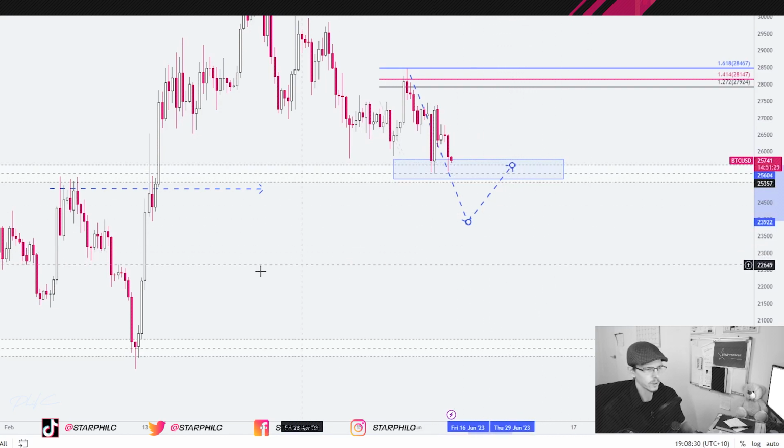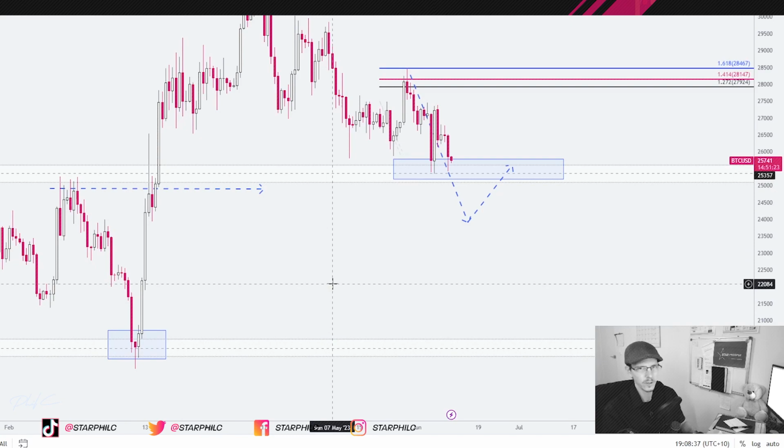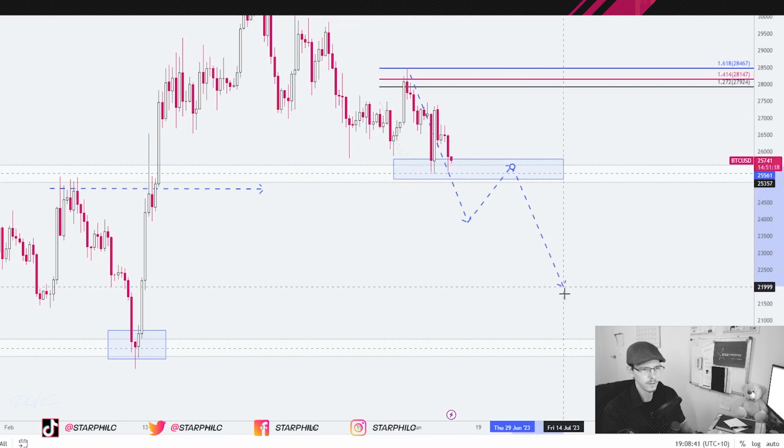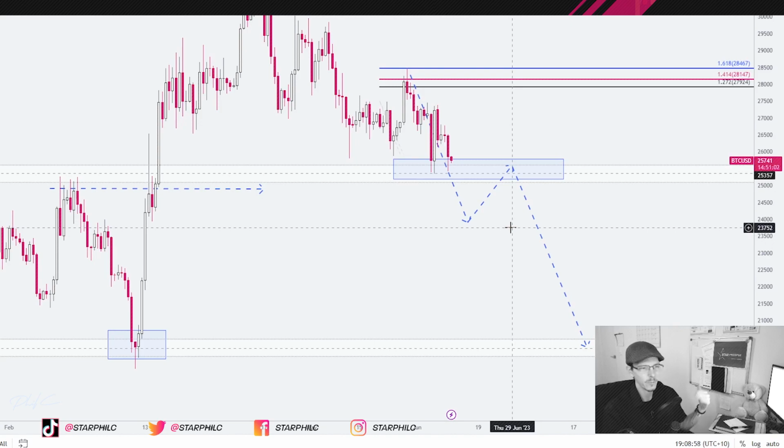And then we would look at our previous low right here, right down here. Where is our next major structure level? This is where I'd be looking for price action to move all the way down into. Why? Understanding structure. And if you know these structure levels and you go out to any chart, any time frame, I implore you to go do that and watch how it plays out time and time again.